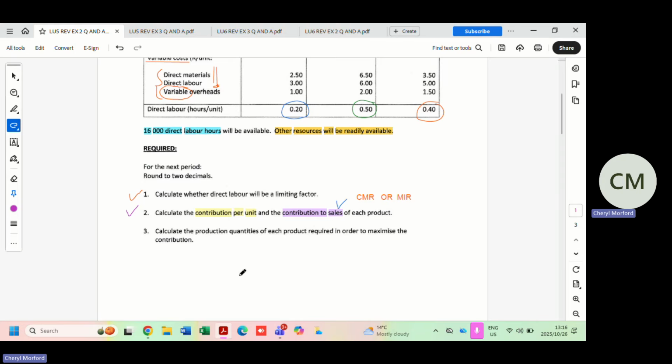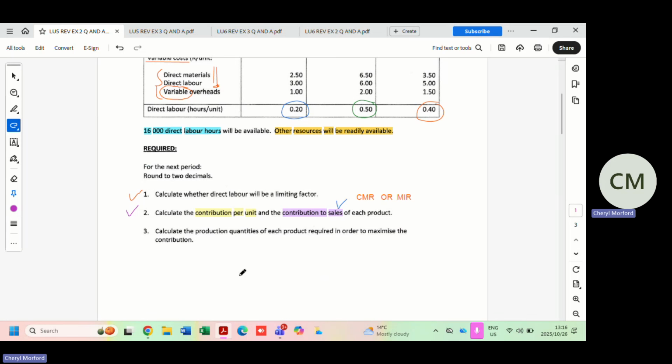So what we need to now do is realize that the labor hours are not enough to produce the demand of all 3 of the products. So now we need to do a relevant costing exercise. The relevant factor here is the shortage of labor.